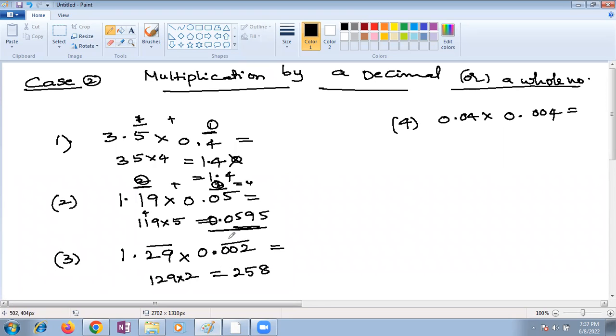The 1 should be replaced with 5. Then it should be correct. 5 places means you need to keep 2 more zeros. 0.00258 was the correct answer for the third bit. So Manish, please check once. Yes, I checked, and the fourth one was correct.